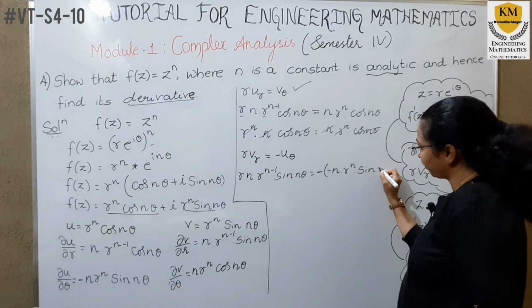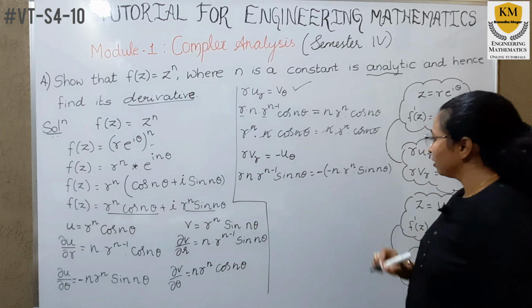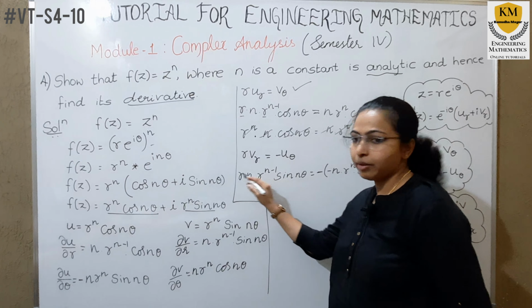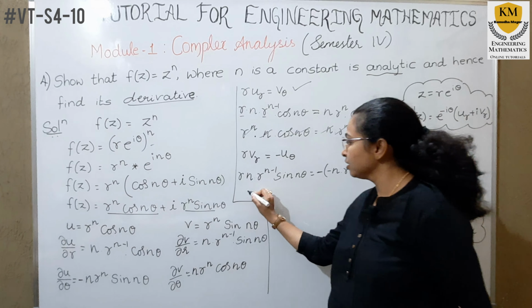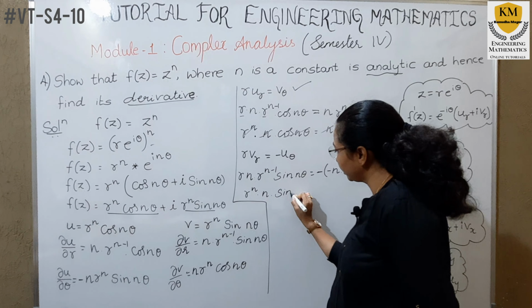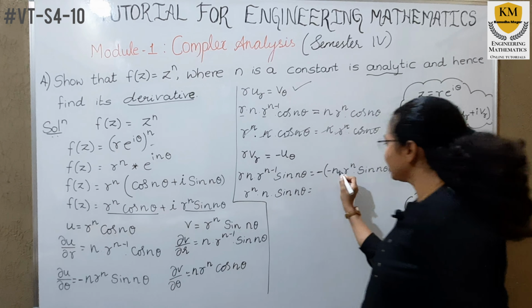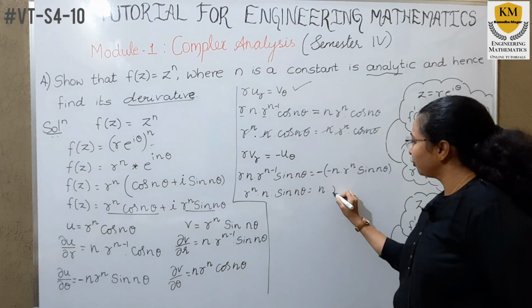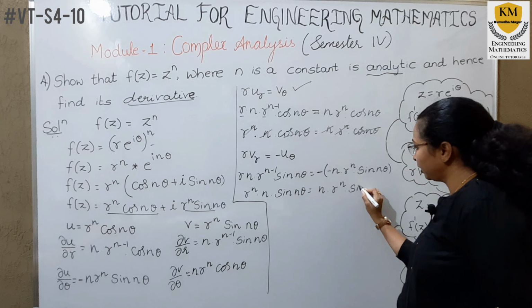Fine. Now you observe this, if the bases are same, then add the powers. So you will get r to the power of n into sin n theta is equal to minus into minus becomes plus n into r to the power of n into sin n theta.